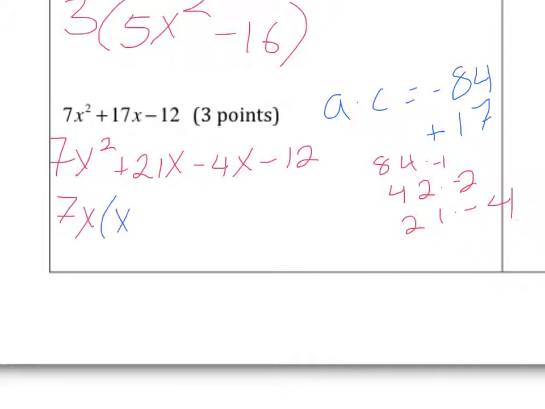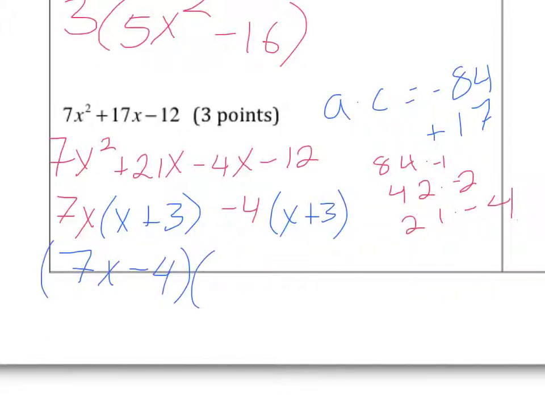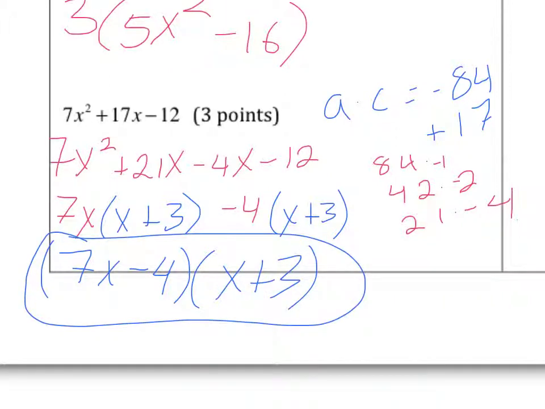I've got an x left and I've got a plus 3. I can pull a minus 4 out of my next two and I've got an x and a plus 3. 7x minus 4, those are my leftovers, and x plus 3. That is my fully factored solution.